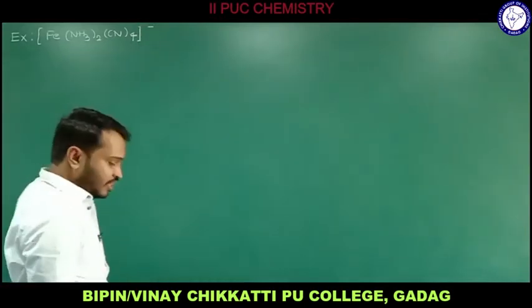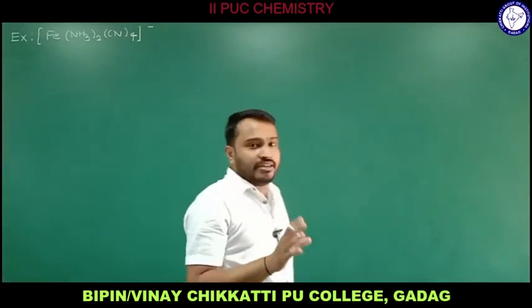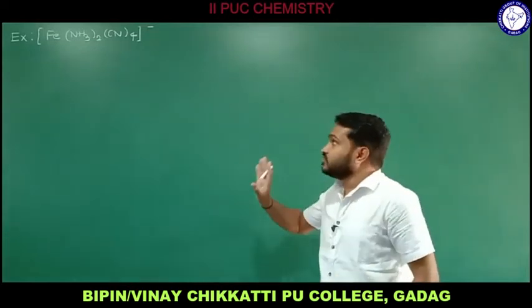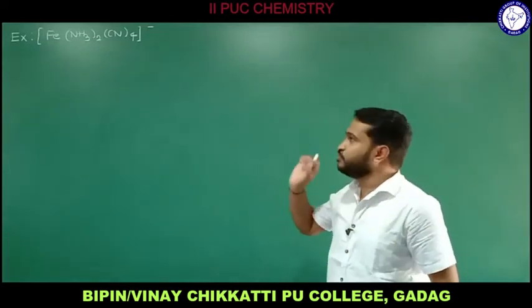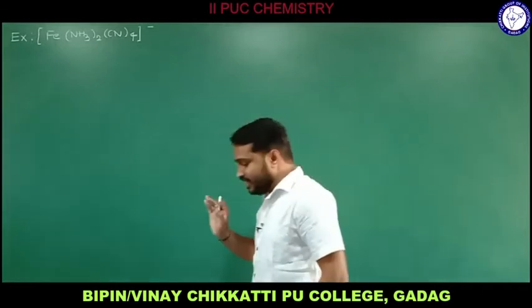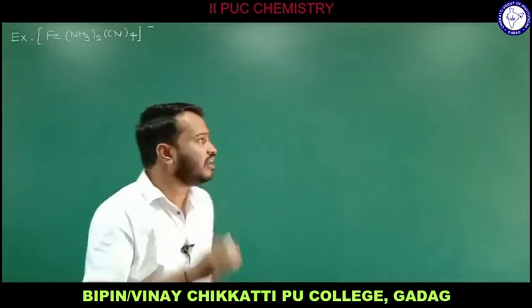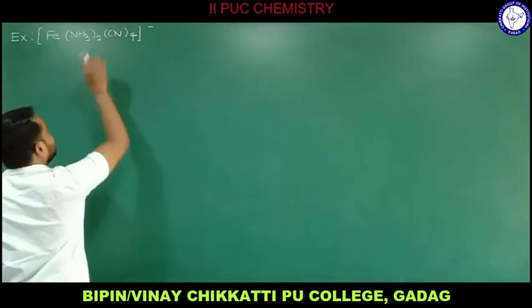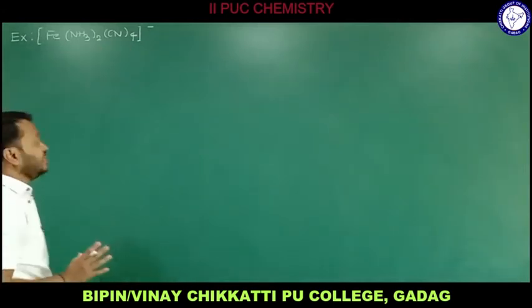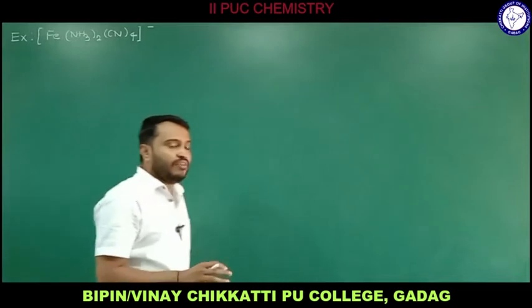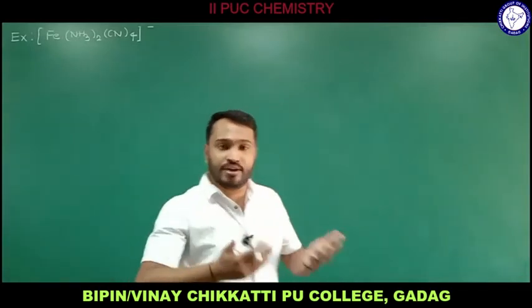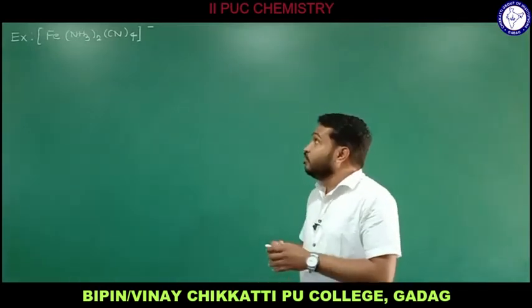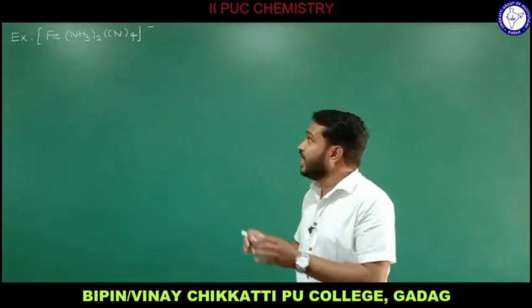We'll write the geometrical isomers, or cis-trans isomers, of this particular compound. Iron is the central metal atom and has to be written in the middle, and we have 2 NH3 ligands and 4 CN ligands. We have two different ligands: NH3, the amine ligand, and CN minus, the cyanido ligand. But we have 2 NH3 and 4 CN.